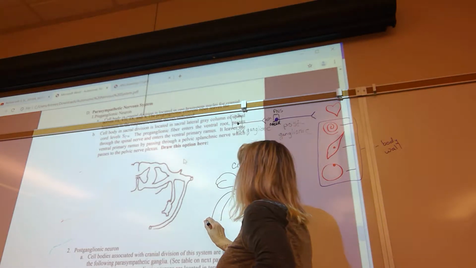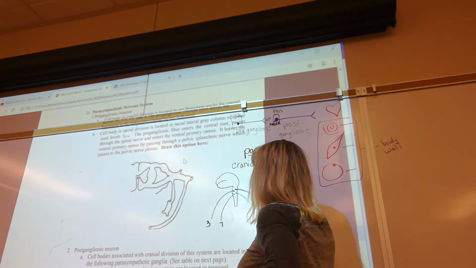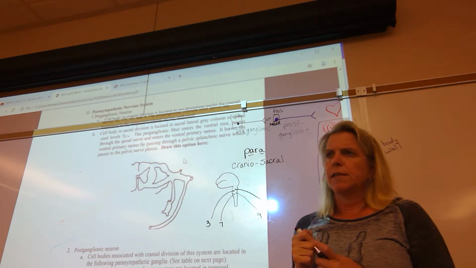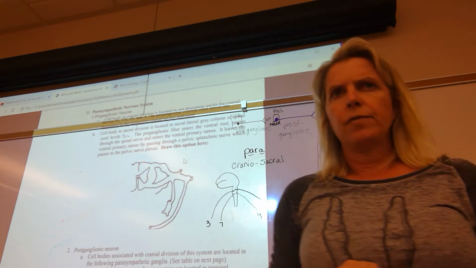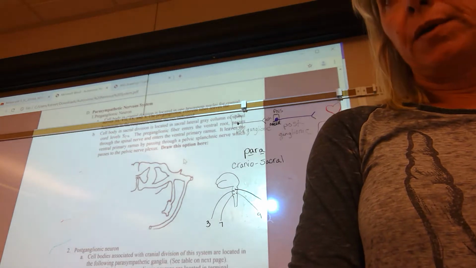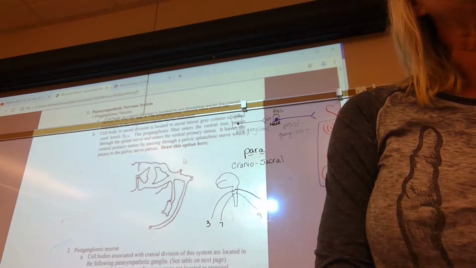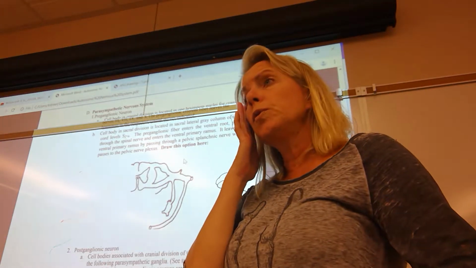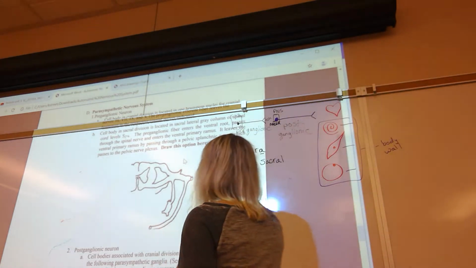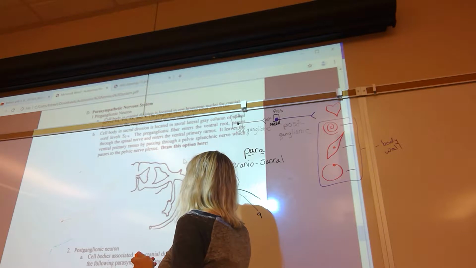They are cranial nerves 3, 7, 9, 10. Cranial nerves 3, 7, 9, and 10 have preganglionic fibers for the parasympathetic division. Cranial nerve 3 is going to synapse on a postganglionic partner that will go to your iris.